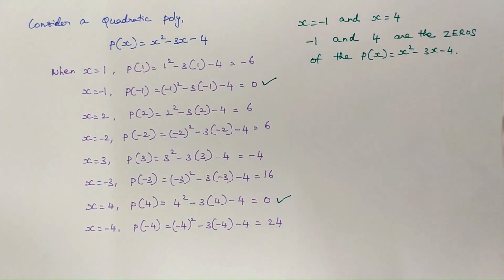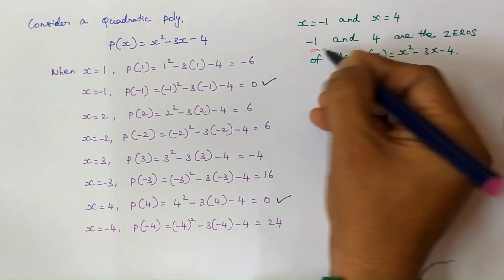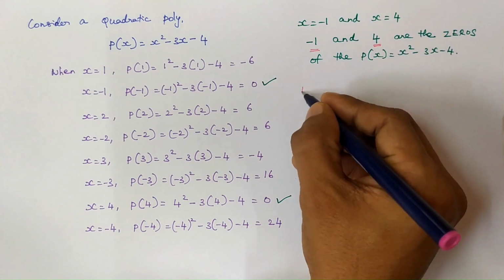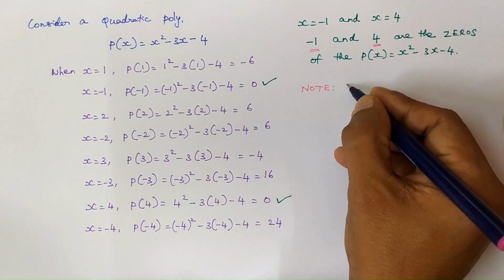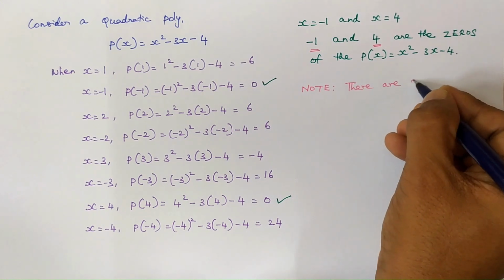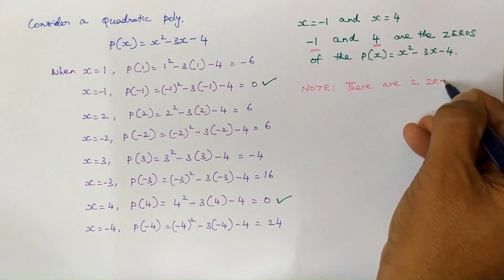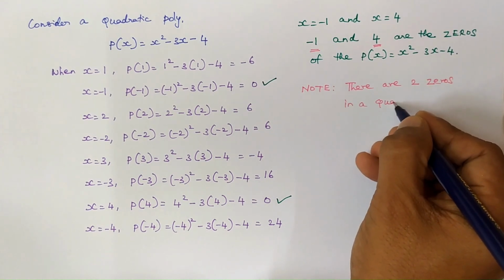So here we can observe that there are 2 zeros, minus 1 and 4. So notice there are 2 zeros in a quadratic polynomial.